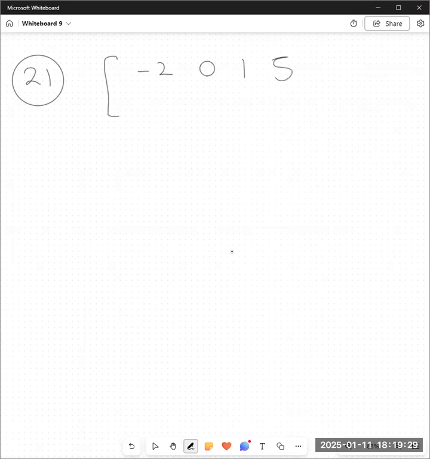But so 21, let's just take a look at this and see if this one is in row echelon form or not. It's going to be very easy to see that it is not in row echelon form, because we do not have our first non-zero entries in each row be 1.